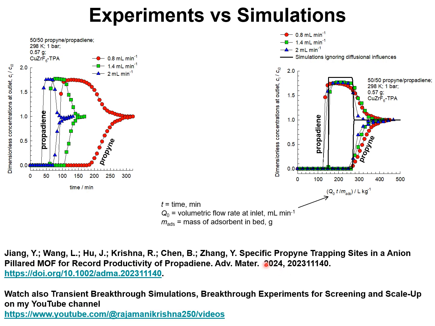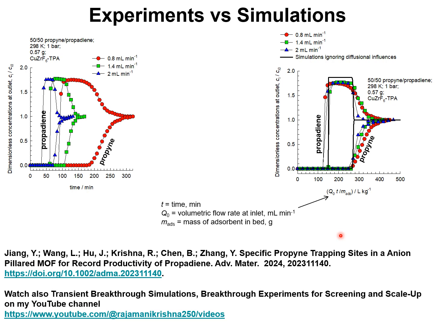The next step in my analysis is to see to what extent the breakthrough experiments can be predicted using the data on the unary isotherms as input parameters.